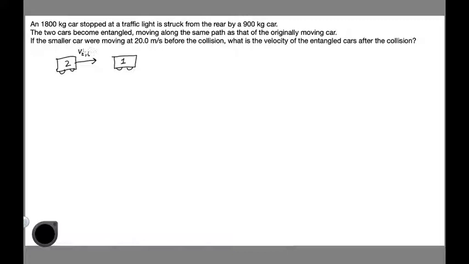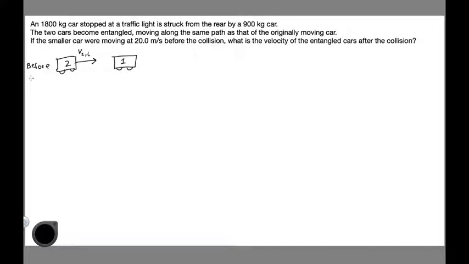What this basically says is the initial velocity of car 2. And let's call this scenario before the collision. So this is a snapshot of both the cars before the collision.